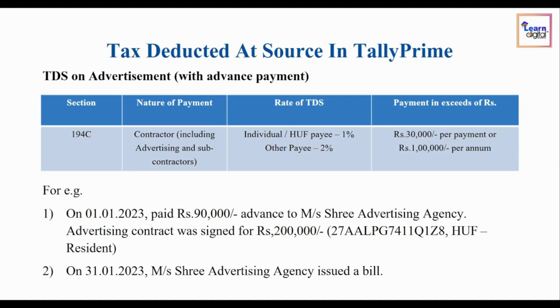The rule says that whichever is earlier, either the advance given to the party or the party getting credited, that date will be considered for TDS deduction. So in this case, we paid advance, so we will adjust the TDS for the amount paid as an advance. So let's start with this problem solution.